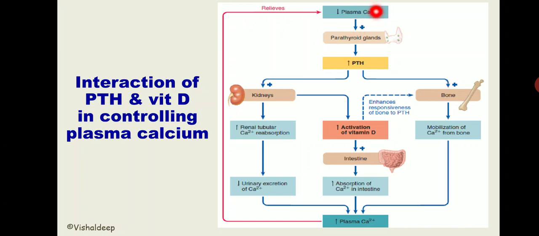So whenever there is a decreased plasma calcium level, that will increase the parathyroid hormone, and eventually parathyroid hormone will decrease calcium excretion, increase absorption at the level of the intestine, and increase mobilization of calcium from the bone, and the final result is increased plasma calcium level.